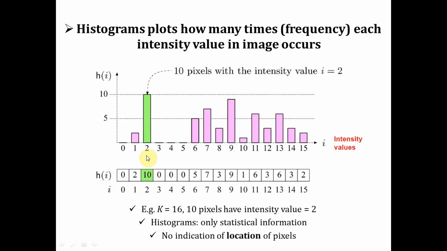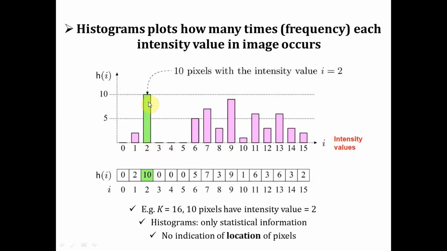If I draw the graph for the number of pixels versus the input gray level, also known as intensity gray level, I will be able to draw the number of repetitions for the pixel value 2, which is 10 times.